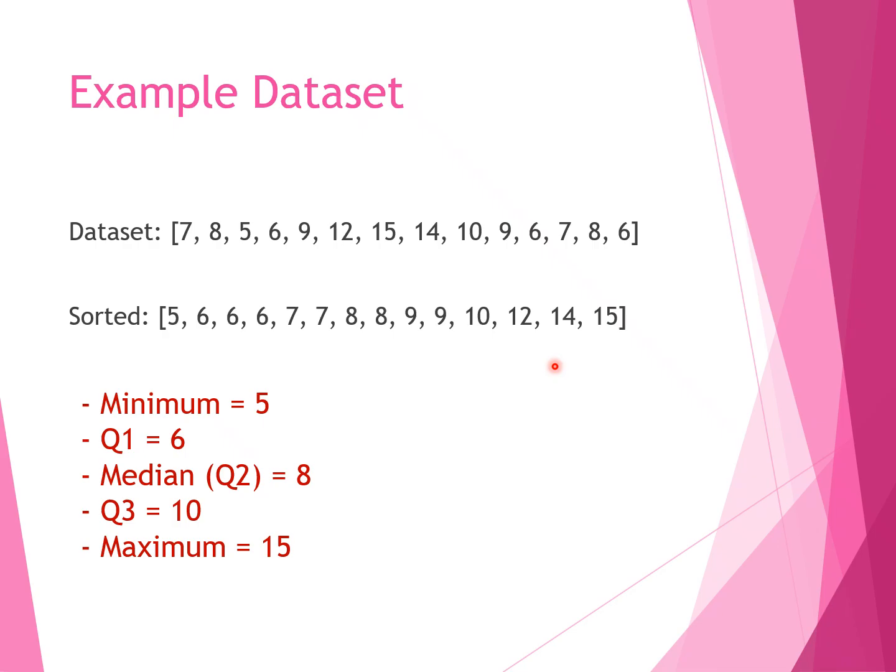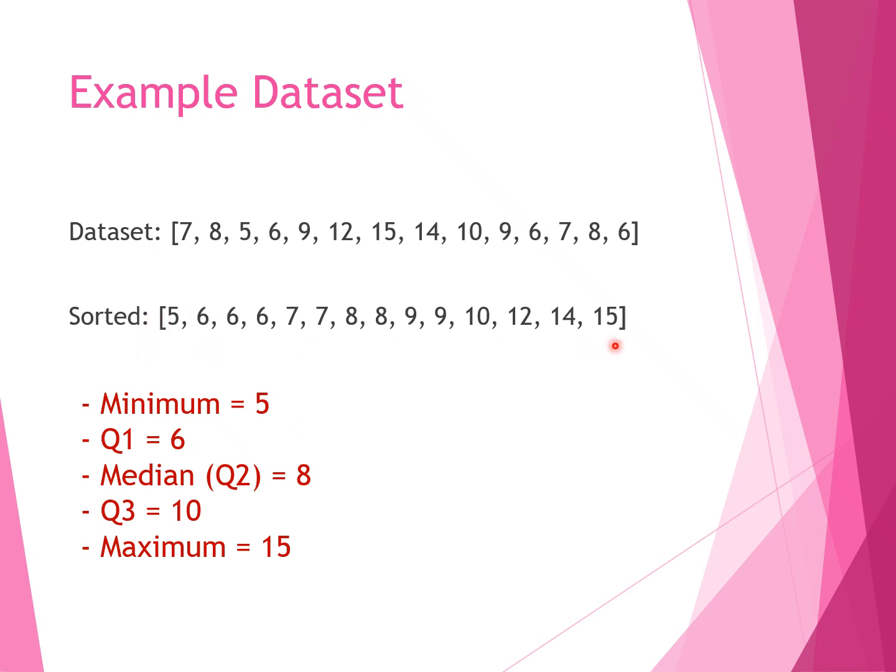Let us take one example dataset. If our dataset contains all these data elements, in order to find the median, first we arrange the data in increasing order, and the middle value is called the median.